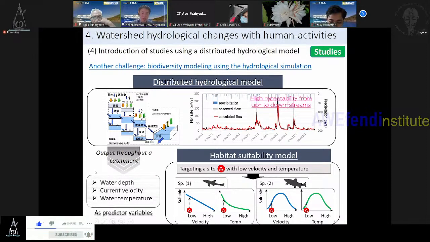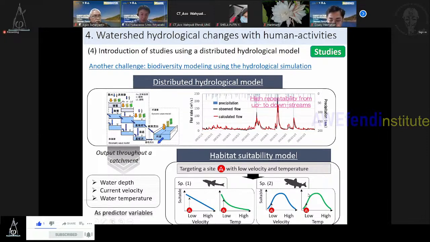With a habitat suitability model, we can predict the habitat suitability of species based on the environmental conditions. This example is for two species. The concept is that habitat suitability can be predicted by environmental conditions.